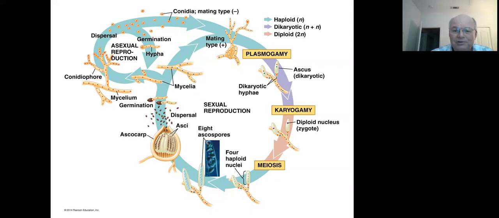So you get the origin of genetic diversity, and then you have that followed by mitosis. And so now you have an opportunity to look at the way in which genetic diversity can be a product of both meiosis and mitosis.